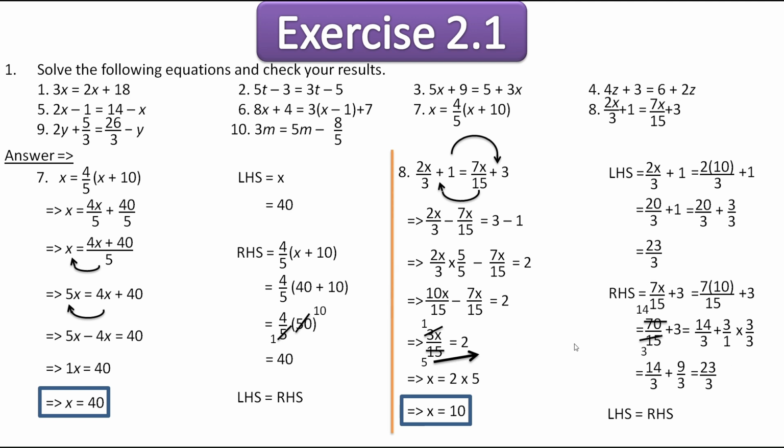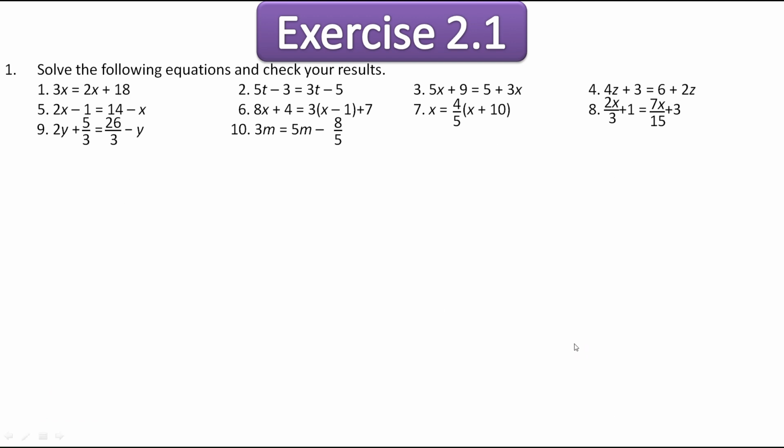Now let's solve the ninth one. Ninth one is what? 2y plus 5 upon 3 is equal to 2x upon 3 minus y. Now what we will do, we will send this minus y to the left hand side, and we will send this 5 upon 3 to the right hand side. Okay, so it will become 2y plus y, which is equal to 26 upon 3 minus 5 upon 3.